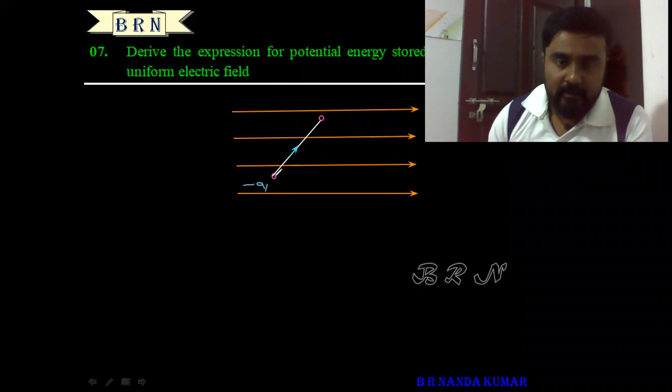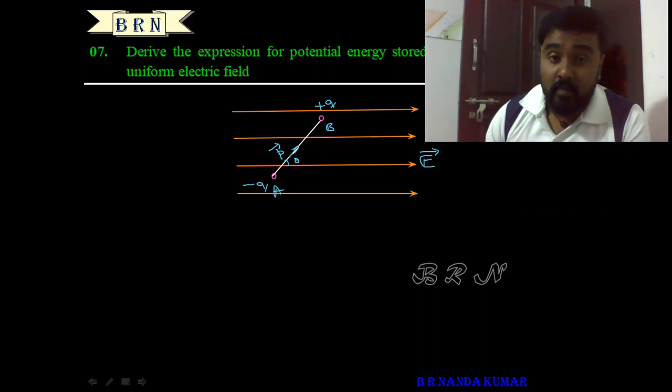A is the location of minus q, B is the location of plus q, and this is the dipole axis. The dipole moment is also directed from negative charge to positive charge. Theta is the angle made by the electric field vector and the electric dipole moment vector.